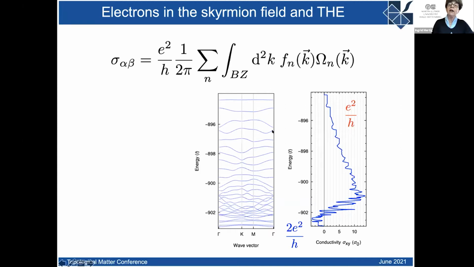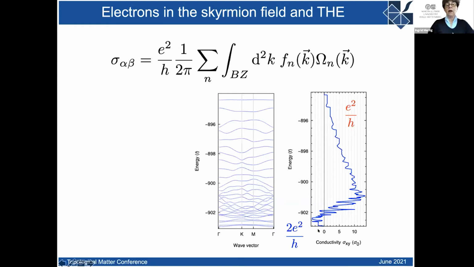But the higher the dispersion in the system, the plateaus are not so nicely seen anymore, but they are still there. We still have regions, for example, also for this band, with nice plateaus. And also, if we come from the opposite, from the low energy bands, we see plateaus, but they are 2e² over h.